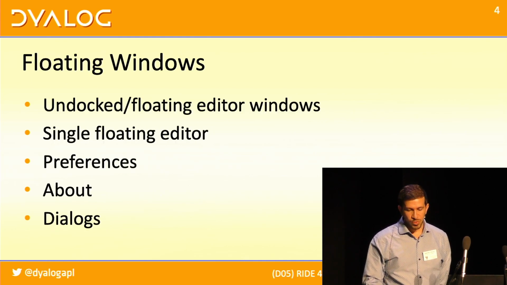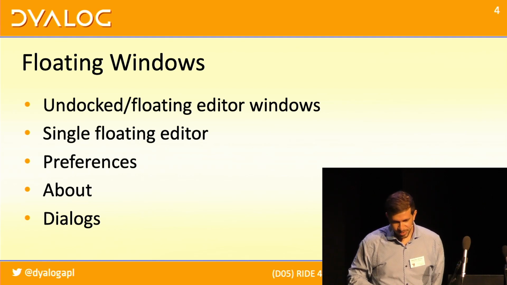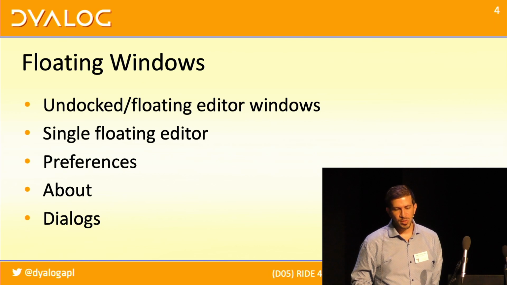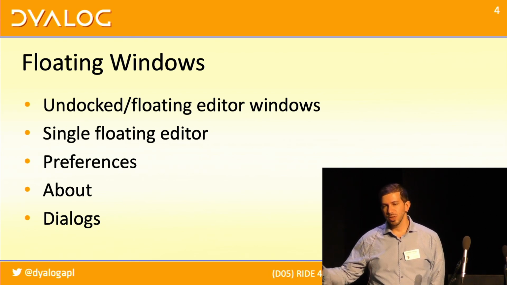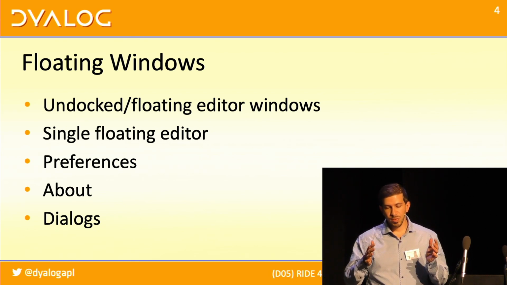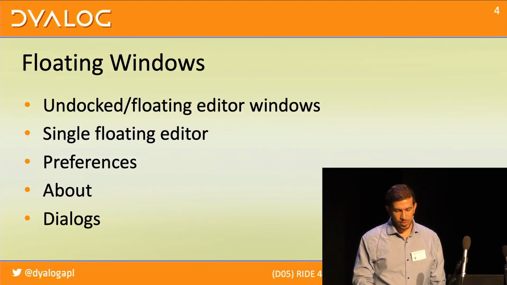Right. About floating windows, well, I guess it says itself what floating windows mean, but some people prefer the term undocked windows. So rather than forcing all of your Ride windows within one main application window, you can have separate editor windows or preference windows that you move across from one screen to another.